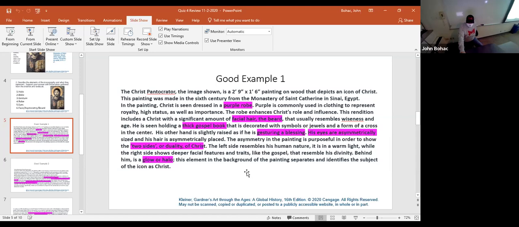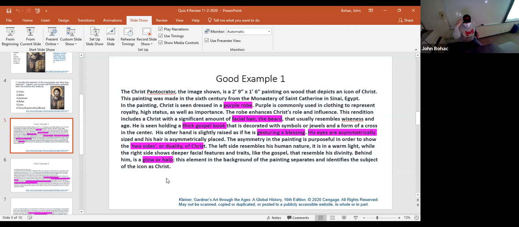Thick gospel book, or you could call that the Bible. Gesturing a blessing, that goes with the original title of this piece. But like I say, some of you had found that it is the Pantocrator. And that is what this icon became known as, because it's not only just a one-off, this image is reproduced over and over and over again through the centuries using pretty much the same iconography.